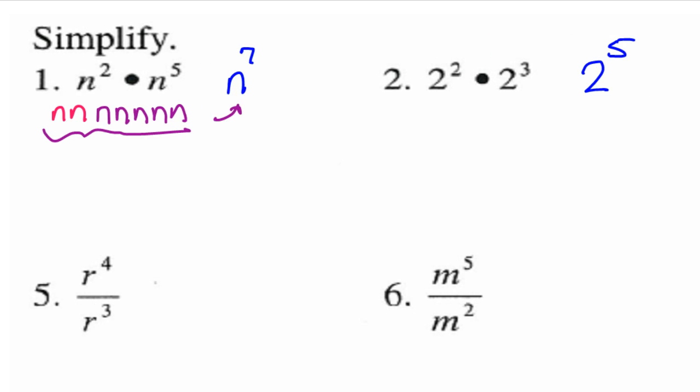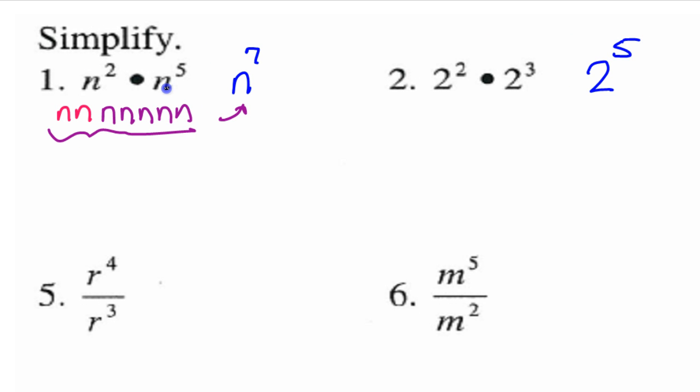Just like when we had n squared and n to the 5th power, it was n to the 7th power. This base and this base all stayed the same. This didn't change to something else. So similarly, this base and that base will all be the same.